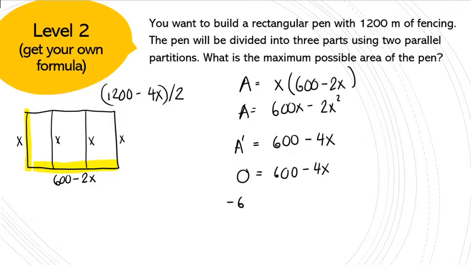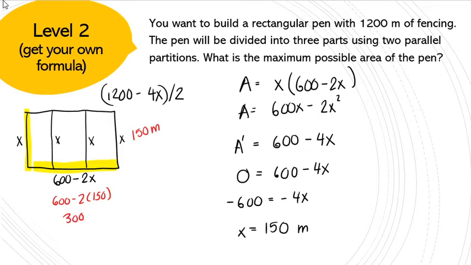You're going to move the 600 over, divide both sides by negative 4, and you're going to end up with x equals 150 meters. So I know that the dimension along the x dimension, the width, is 150 meters. And if I wanted the length, 600 minus 2 times 150, I'll actually write it down, 300 meters will be the length.